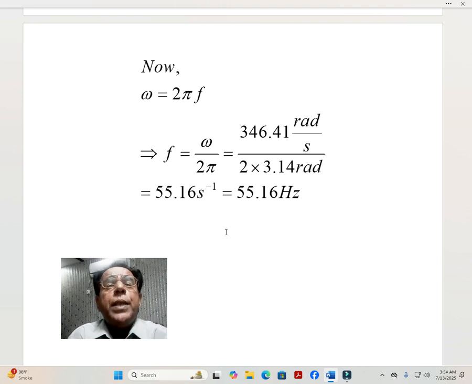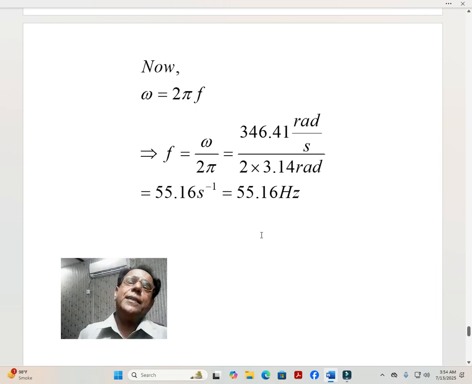So we have added rad with this 2 pi, so that this rad will be cancelled with the rad in the numerator, and our answer will appear only in terms of second inverse, which is equal to hertz. So our answer becomes a frequency equal to 55.16 hertz or second inverse.